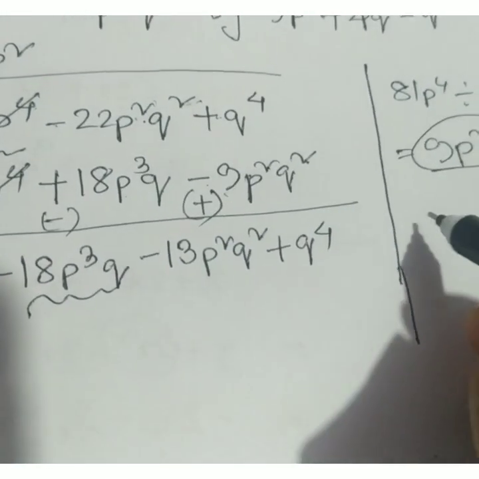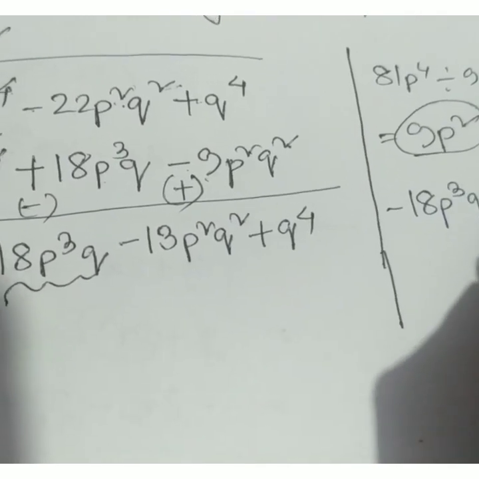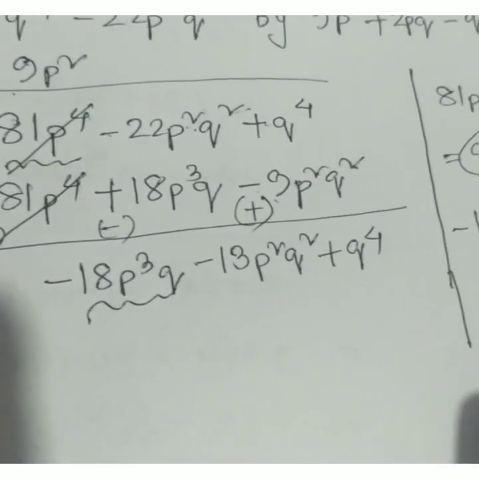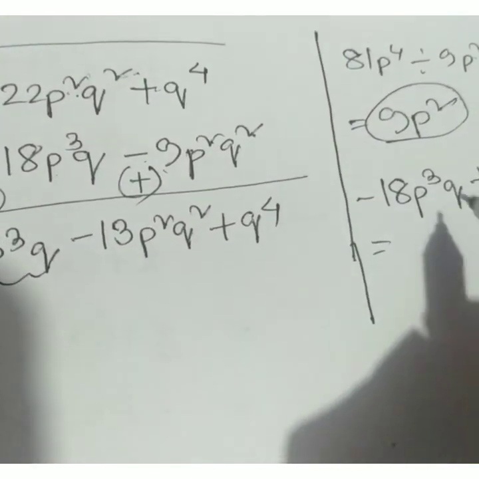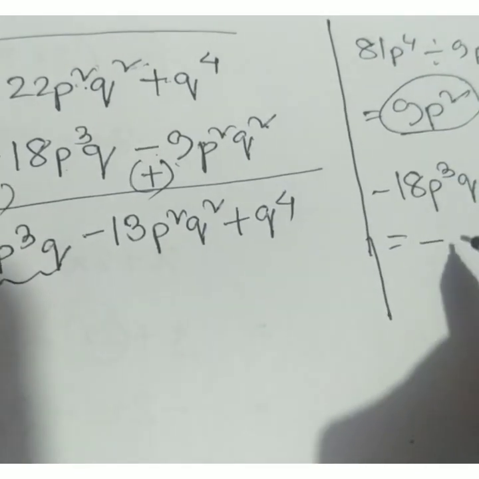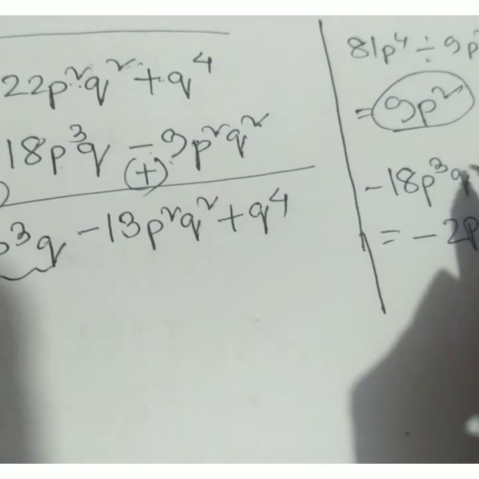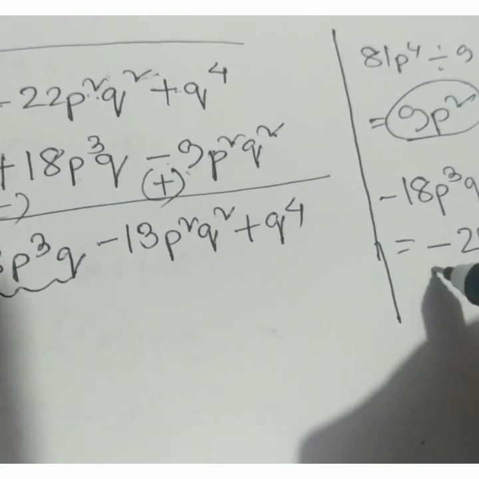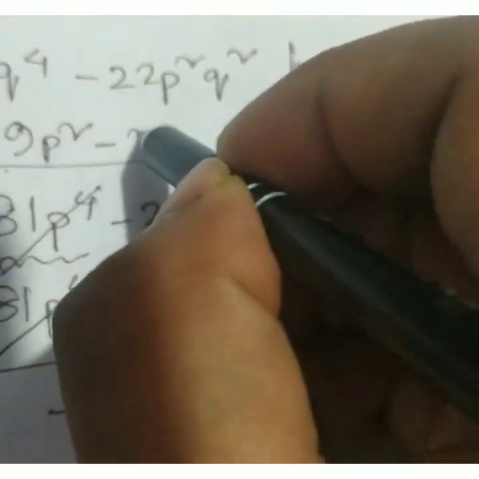So let's move on. Minus 18p³q divided by 9p². So minus stays as it is, odd number. 18 divided by 9 is 2. p³ divided by p² is p, and q stays as it is. So minus 2pq. I will write this minus 2pq over here.